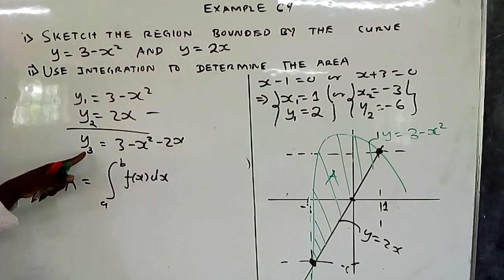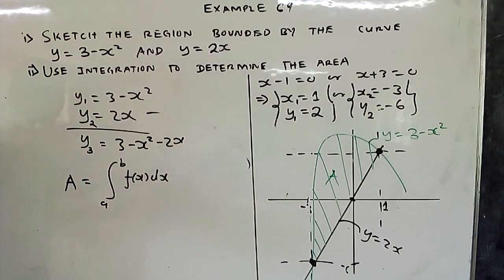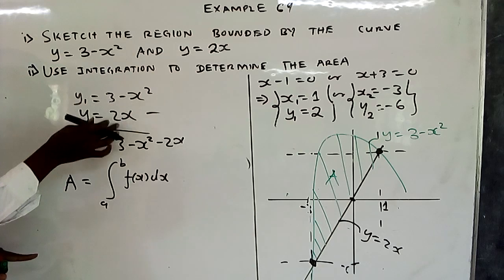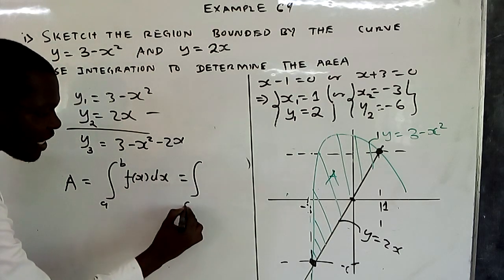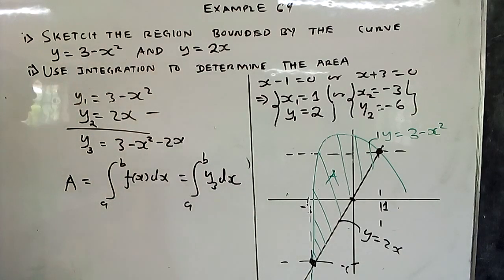But what is your function of x? y3 is the curve defining the area bounded by the two curves y1 and y2. So you are integrating from a to b of y3 dx.